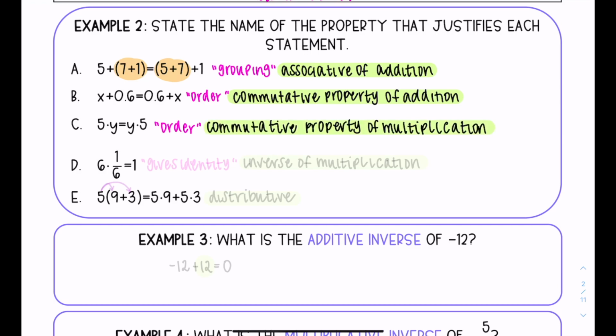What about 6 times 1 over 6 equals 1? Well, this ended up giving me the identity. And so then this is the inverse property of multiplication.